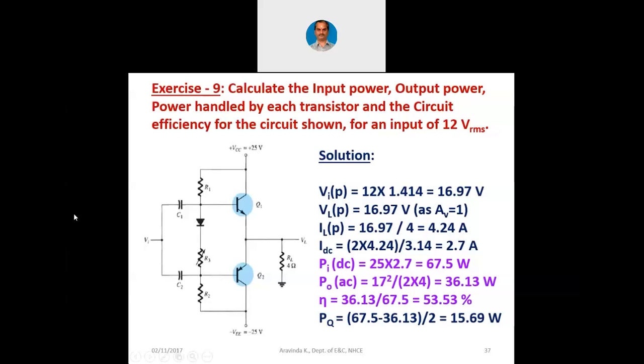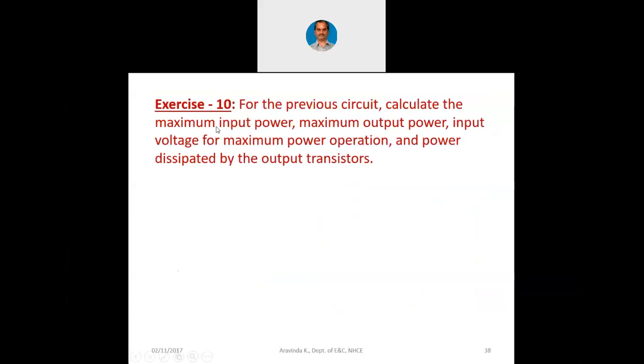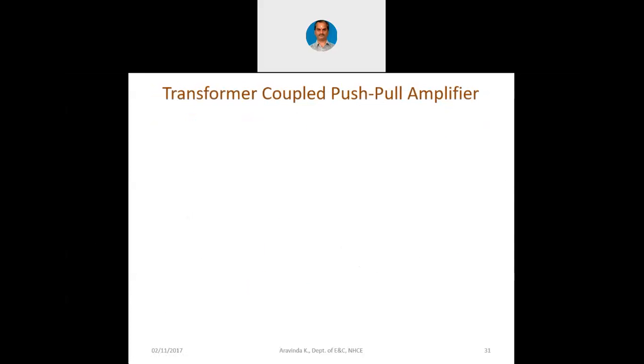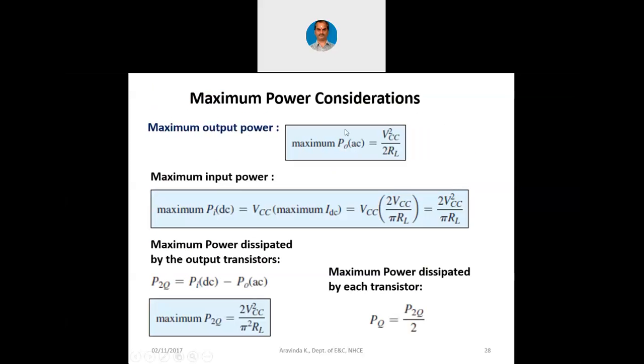Let me proceed. Now exercise 10 is, for the previous circuit, calculate the maximum input power, maximum output power, input voltage for maximum power operation, and the power dissipated by the output transistors. Let me show you the slide where we had discussed the maximum power. In class B, we had discussed the maximum power considerations, where maximum P0 AC is VCC squared divided by 2 RL.